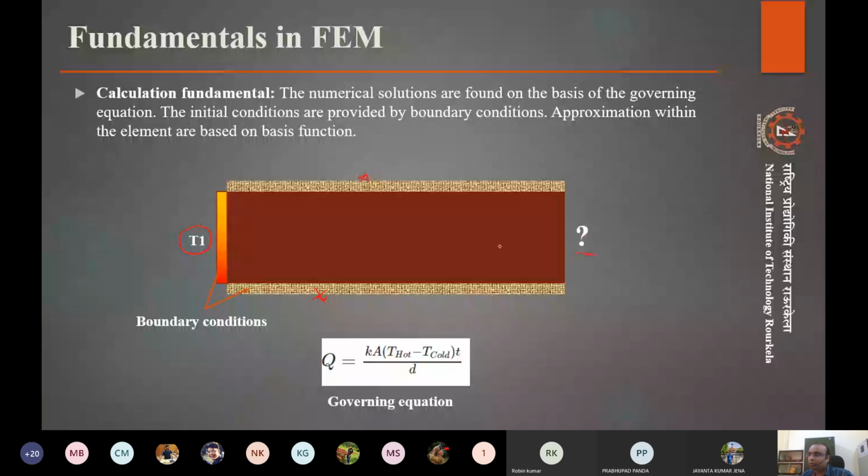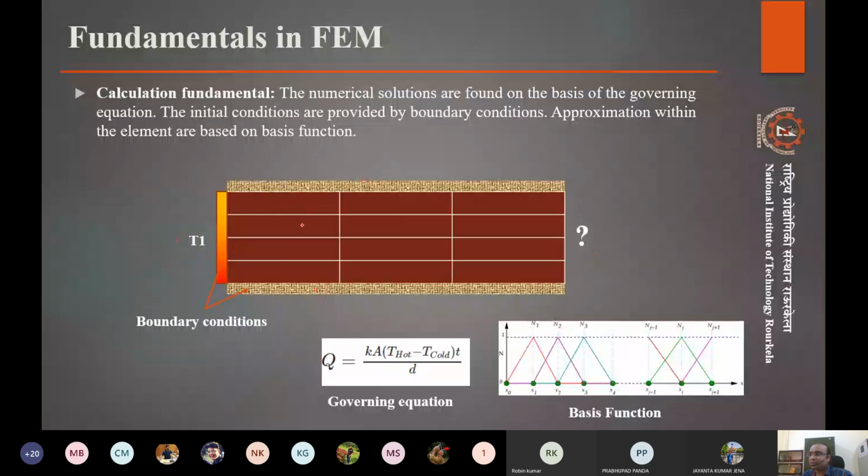In finite element, because we are not sure what kind of geometry it is, we basically divide it into many sections. This is called discretization and meshing. So we discretize our full geometry into different sections based on what kind of geometry it is.